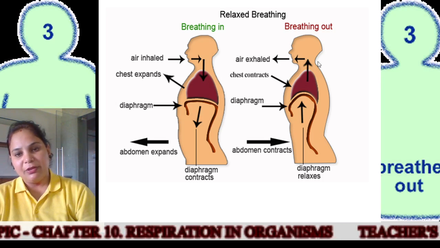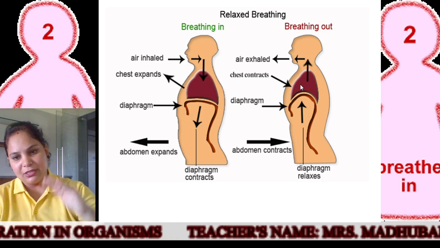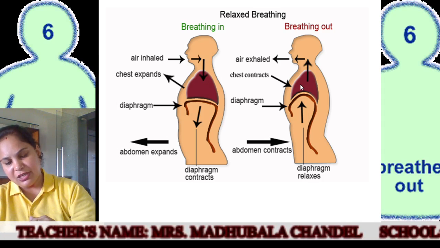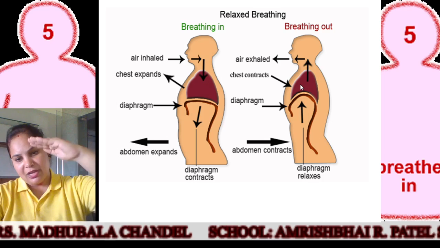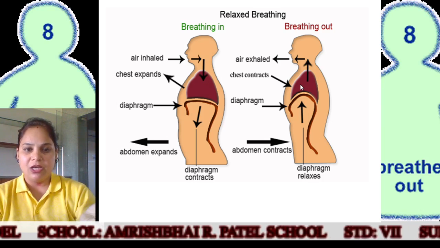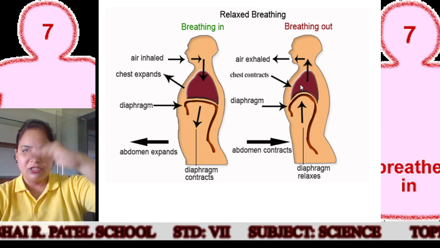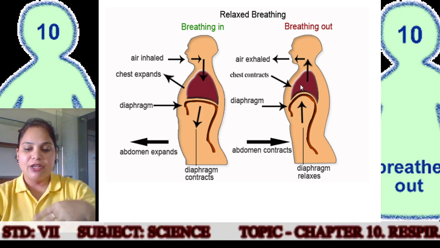In breathing out, you exhale air, the chest cavity contracts, and the diaphragm relaxes, so it pushes up. Carbon dioxide is breathed out, and when the chest expands, the diaphragm moves down, and the chest cavity increases in surface area and requires more oxygen.